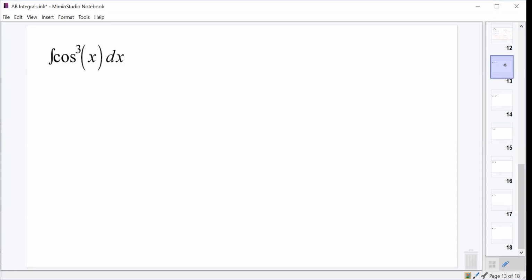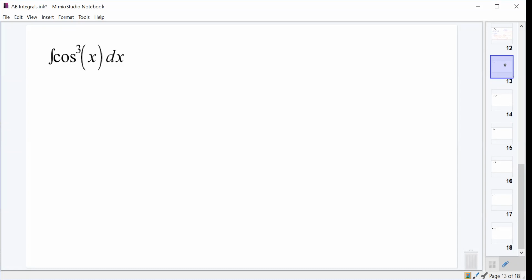Well, we don't have to replace x with anything, so we can just jump to taking the integral of it, which, oh wait. Actually, this time it's cosine cubed. Yeah, cosine cubed. So that one makes it a little more difficult, right?